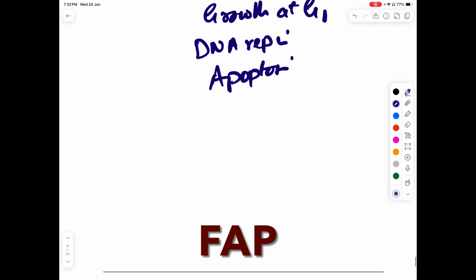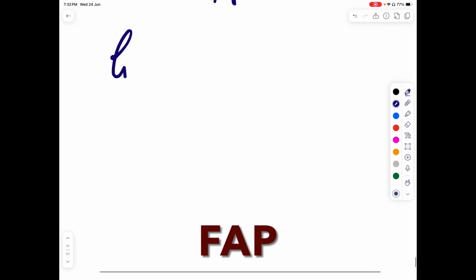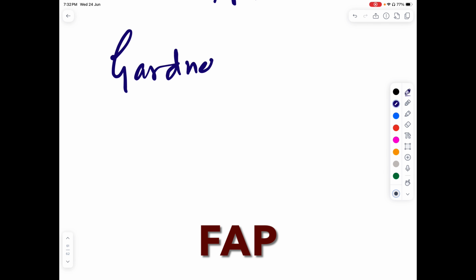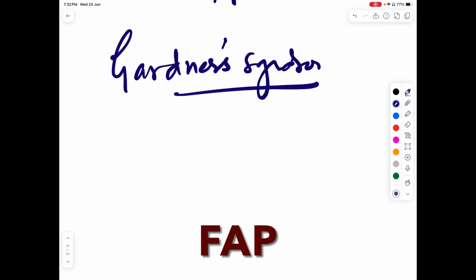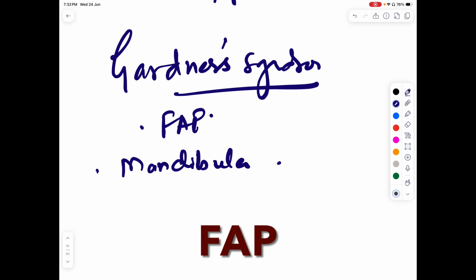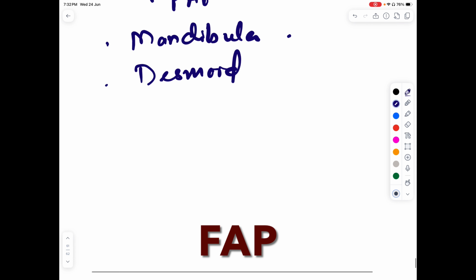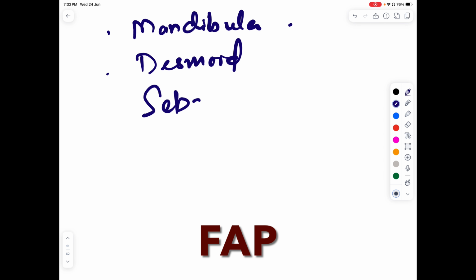Gardner syndrome, what is Gardner syndrome? It is a variant of FAP having additional characteristics like mandibular osteomas, desmoid tumors, sebaceous cysts, and fundal polyps.